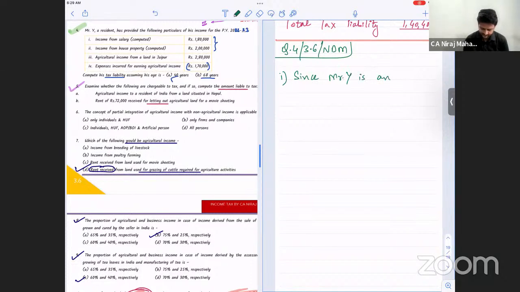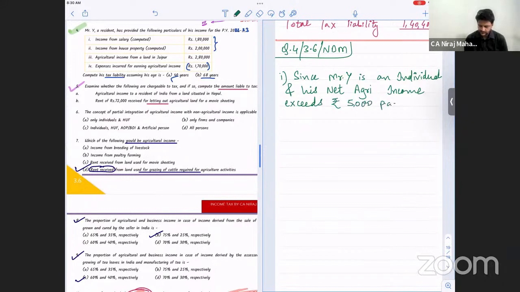Since Mr. Y is an individual, and his net agri income exceeds rupees 5,000 per annum, and also his non-agri income exceeds rupees 2.5 lakhs or 3 lakhs.